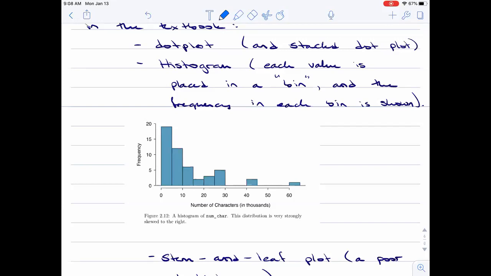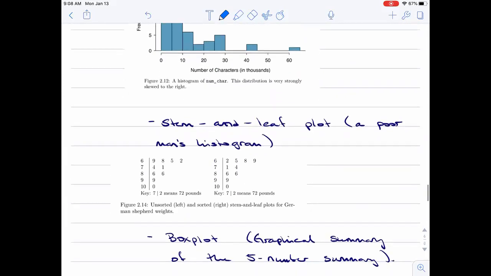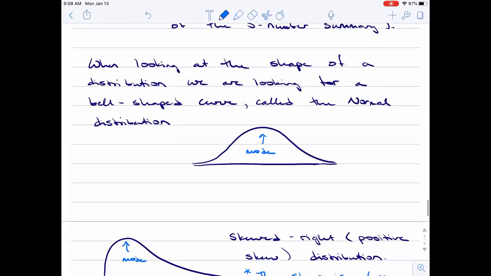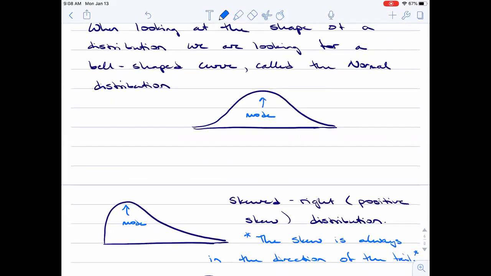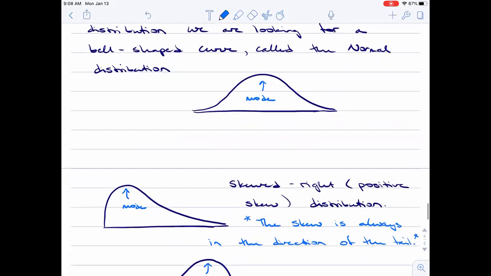So don't be too picky on finding modes. They're going to have to be very distinct, very clear modes. Here, the normal distribution we can summarize as a symmetric unimodal, so one mode, distribution.